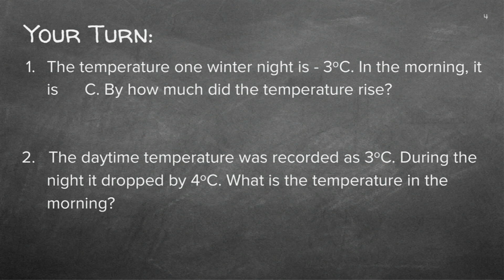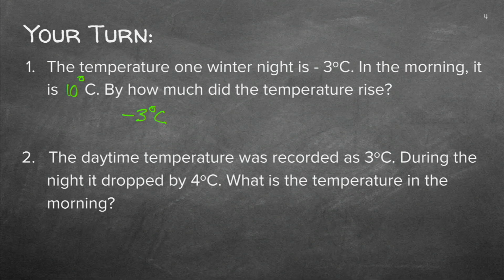The temperature one winter night is minus 3. Remember, in a word sum, you always have your pen ready and you write all the important information. The temperature one winter night is minus 3 degrees Celsius. But in the morning it is, say for example, 10 degrees Celsius.